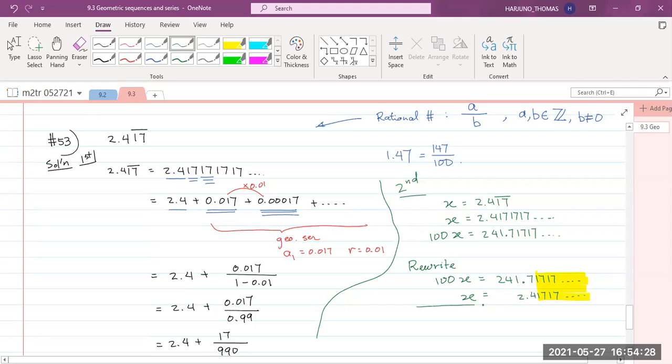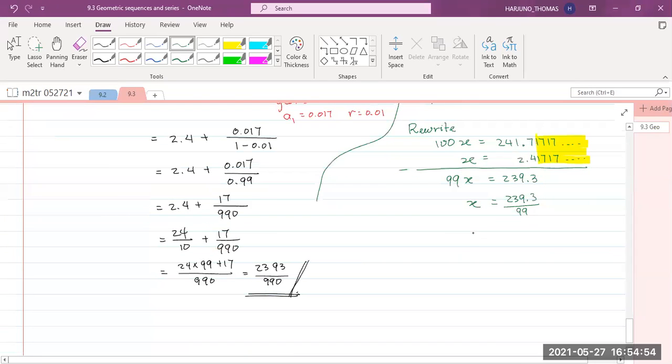So when I subtract, that part will cancel. I have 99x equals 239.3 only. The repeating parts cancel. So x is equal to 239.3 over 99. But the numerator is not an integer, so let me move the decimal point once to the right on the top and at the bottom. Basically, I multiply the top and the bottom by 10. Boom. You see? Same.